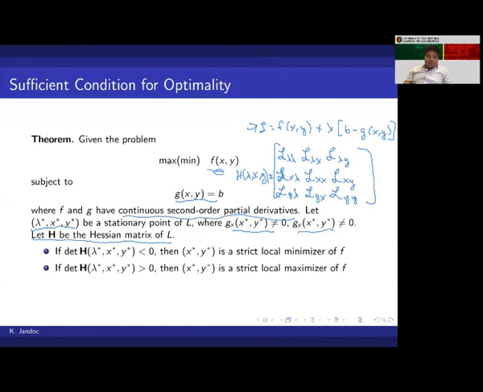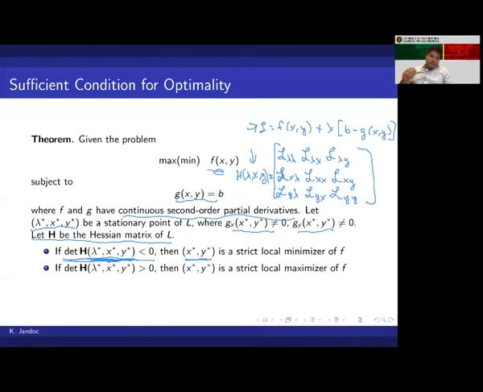So what are the conditions? What if the determinant of the Hessian matrix is negative? Get the determinant of this Hessian matrix and evaluate it at lambda star, x star, and y star. Once you plug them in, if it's negative, then your stationary point x star, y star is a strict local minimizer of f.